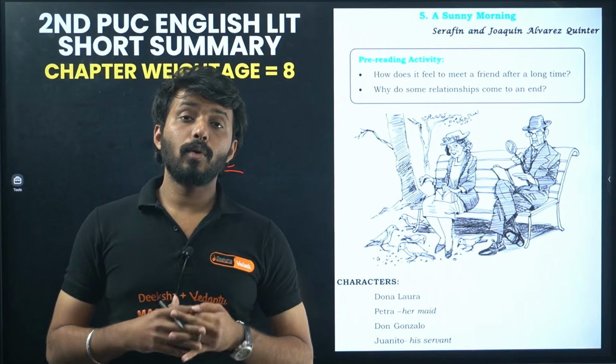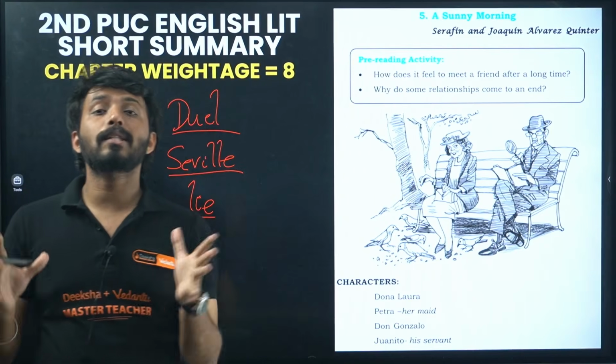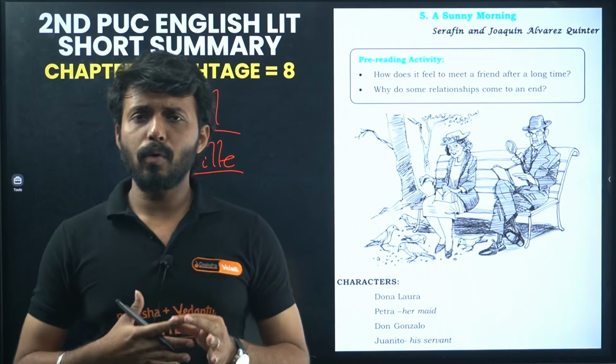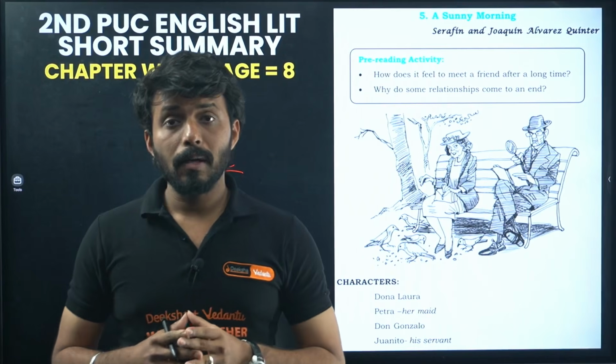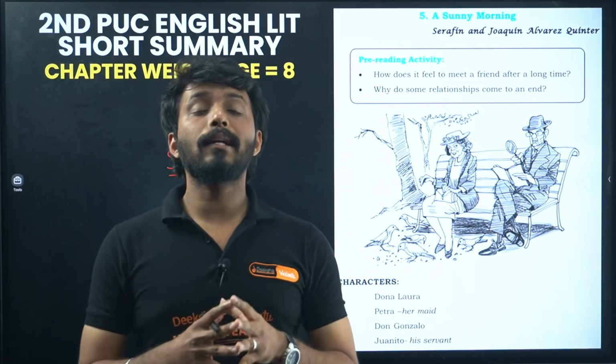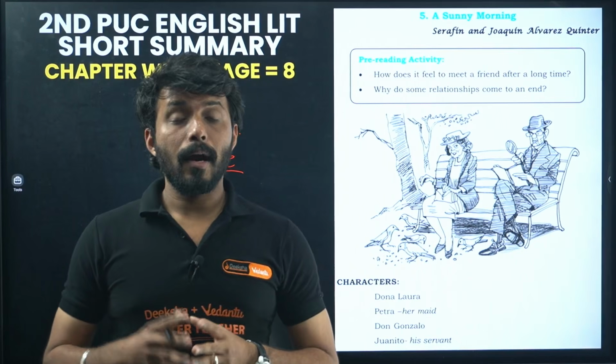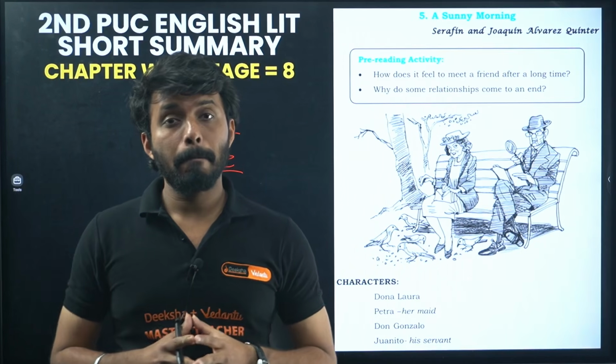Okay, so this is how destiny shapes the two lovers, who initially loved each other to the core, but destiny or fate had it that they could not live a life together, and Don Gonzalo had to go away.